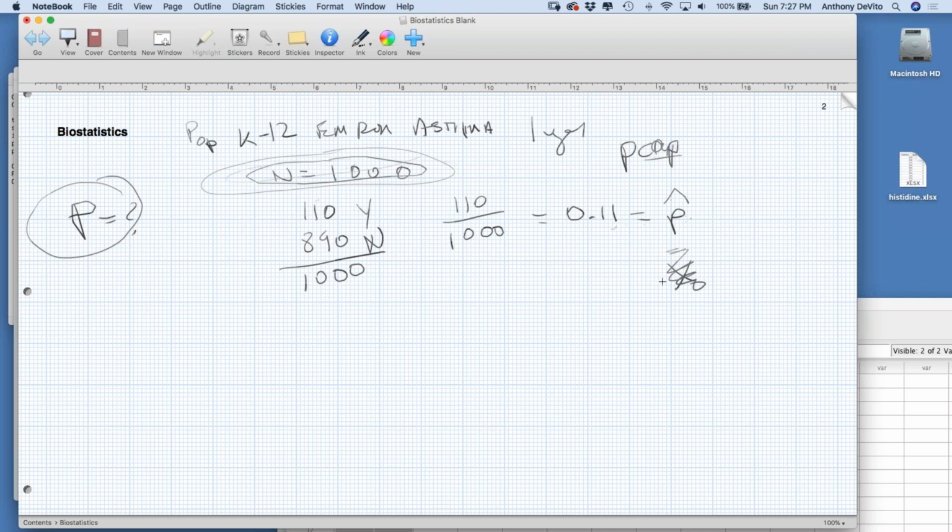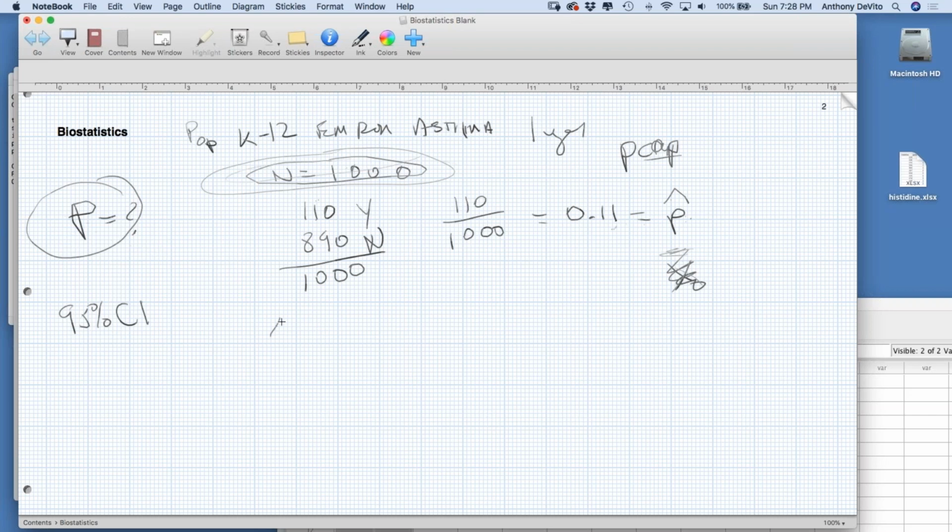So just like when we had X bar, in order to understand what the true proportion might be, I need to interpret that using a confidence interval. Let's say I want to find that 95% confidence interval for the true proportion of children in New York City that have visited an emergency room for an asthma attack.